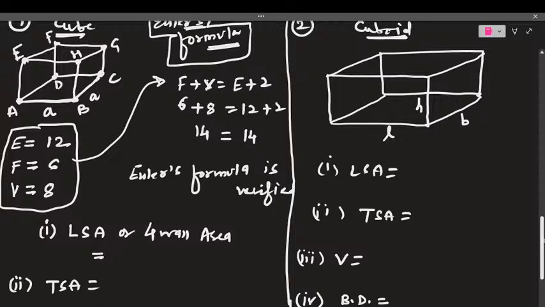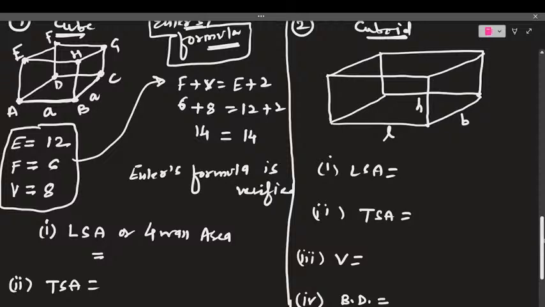That means you have to just cancel your two areas from your total surface area. For a cube, all the sides, all the faces are squares. That's why the LSA is going to be 4L square. 6L square is TSA.